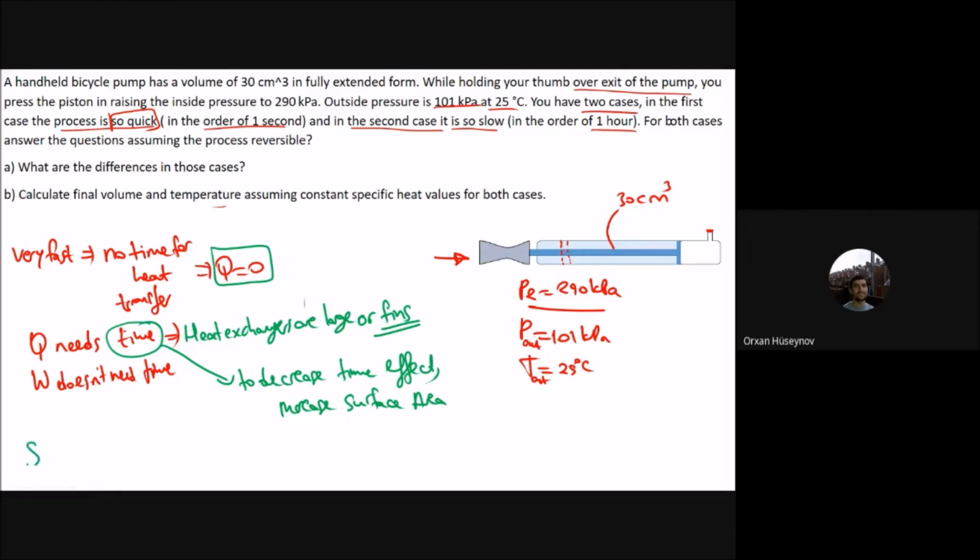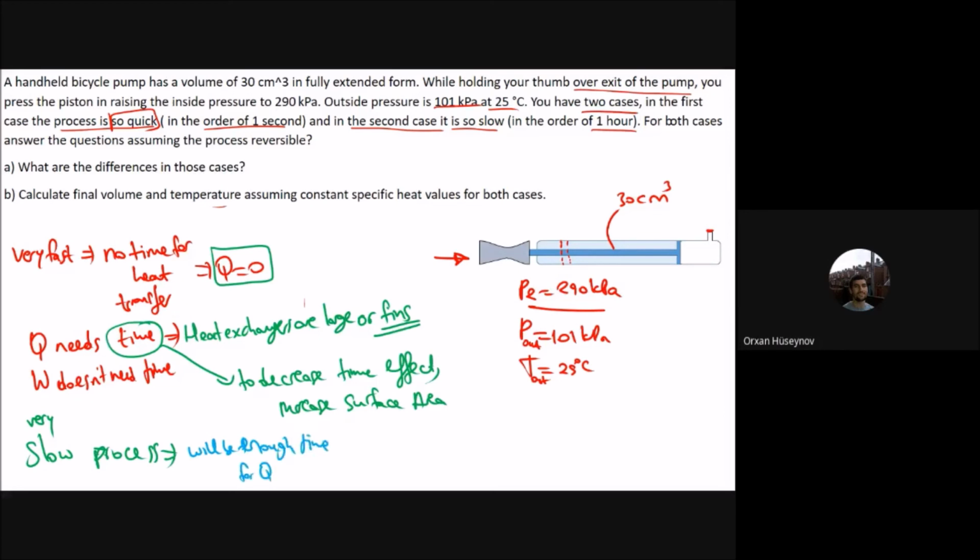And if the process is very slow, in that very slow process, what will happen is that there will be enough time for heat transfer.